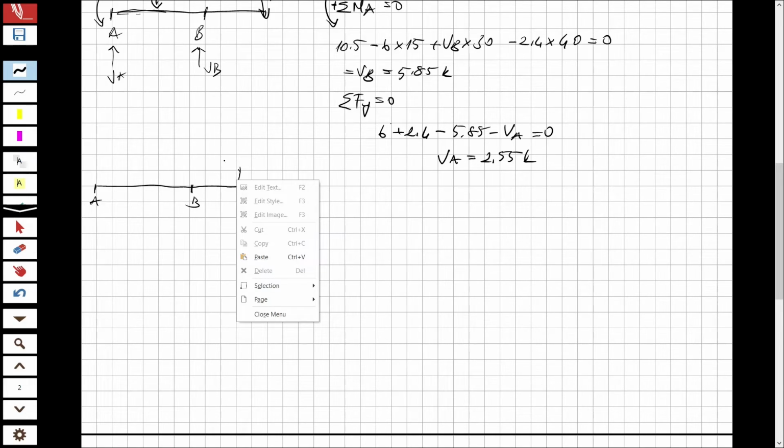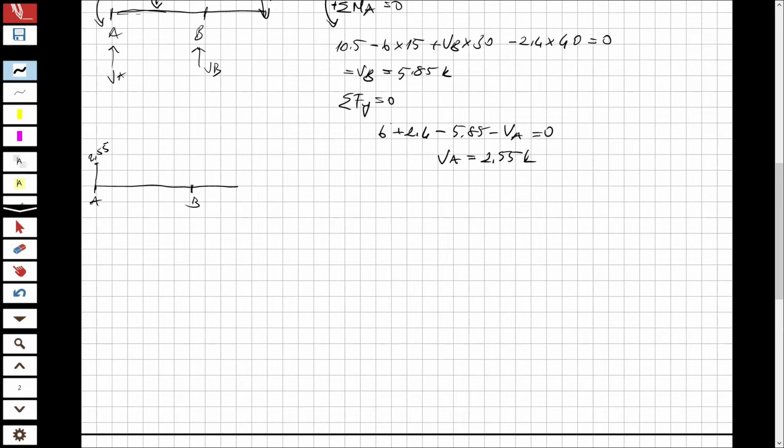Sorry, I'm not going to show the force here. Now let's draw the shear diagram. Now I have 2.55, right? It goes up. For example, this is 2.55.